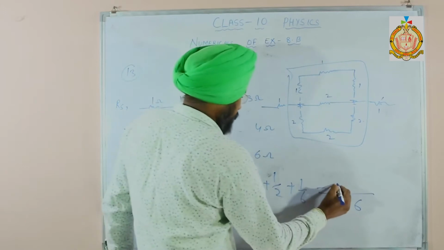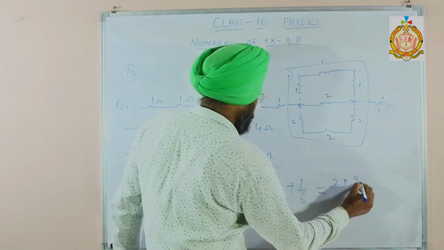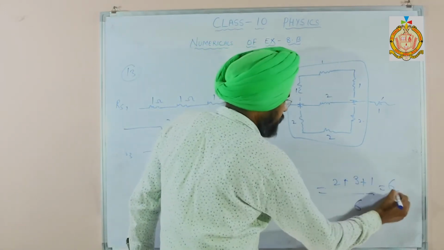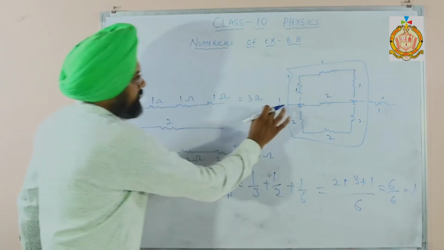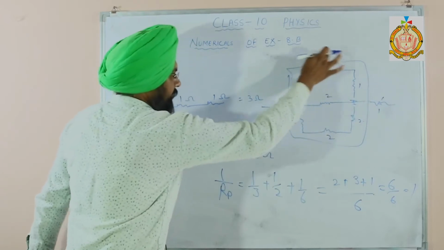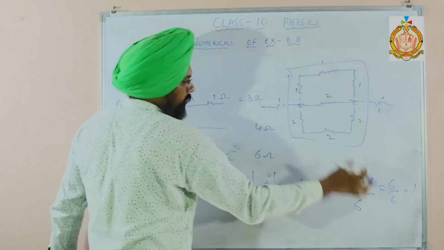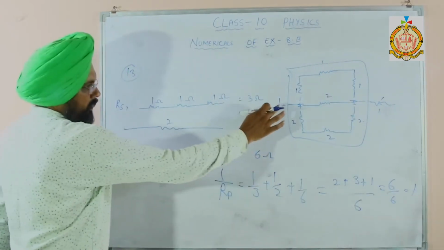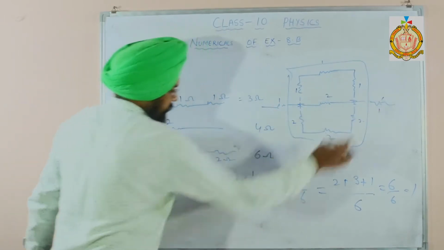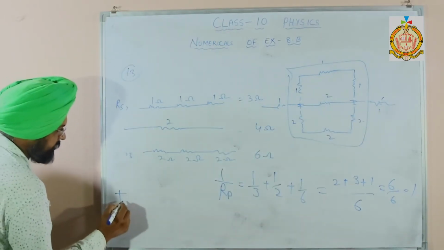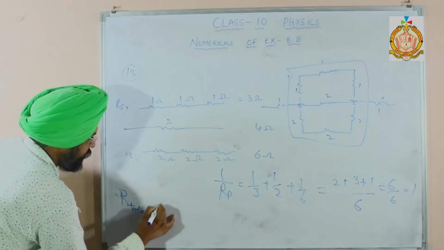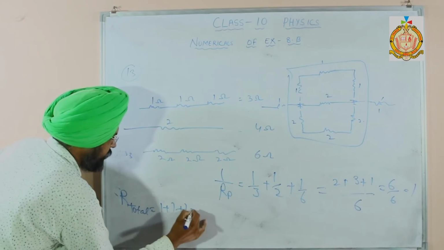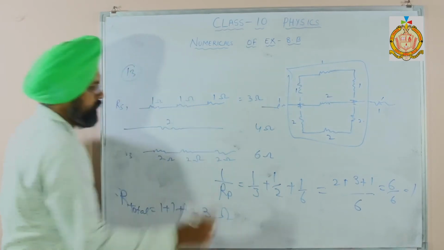So here comes 2 plus 3 plus 1, so now 6 upon 6 will be 1 ohm. Now see, this is 1 and this is 1. So what is the total resistance of this portion? It will be 1 ohm. Now 1 plus 1 plus 1, so R total is equal to 1 plus 1 plus 1, so it will become 3 ohm.